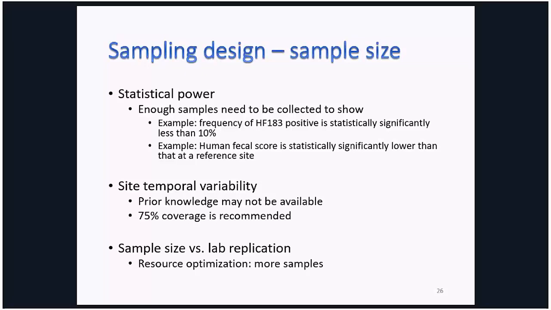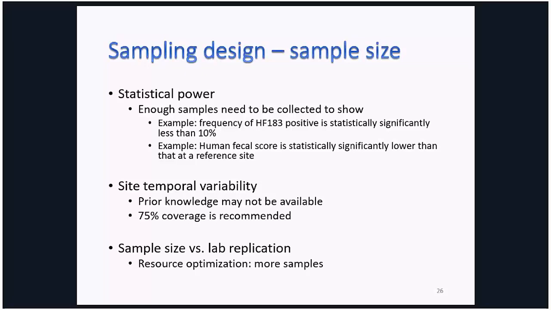So based on simulated data and also examination of real data from Southern California sites, a 75% coverage is recommended. What that means is that if you're interested in a period of 100 days, so that's your period of interest, then you should sample at least 75 days in order to capture what your site is like during the period you're interested in.